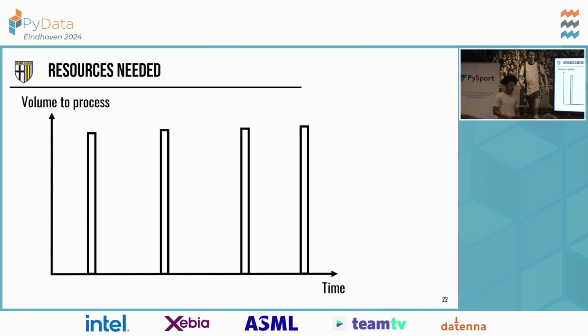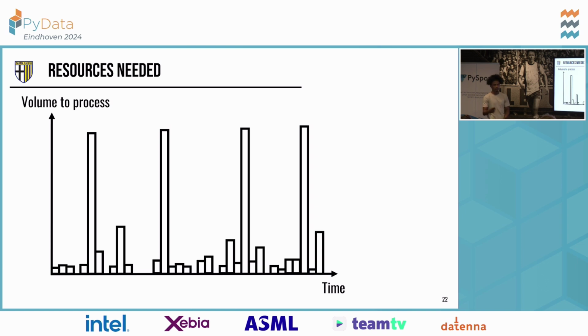And this is illustrated here. We have here the volume to process, and it's very high when we want to process every game. But also we have a continuous flow of games arriving daily because football never stops. And this leads us to a problem that we have to set the computational availability.